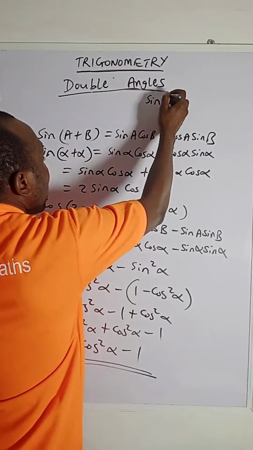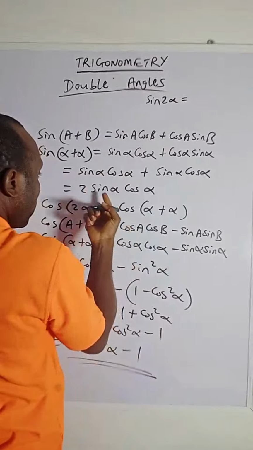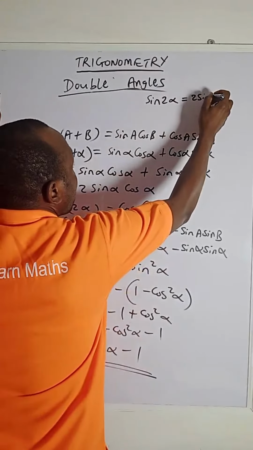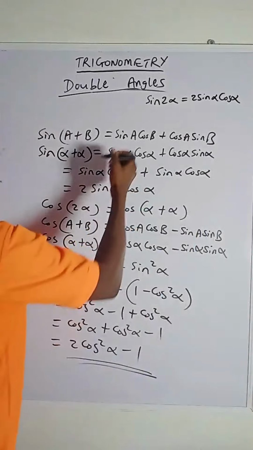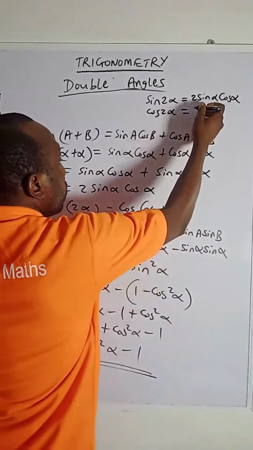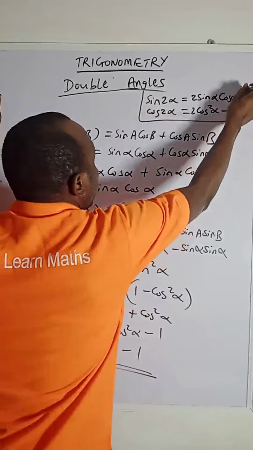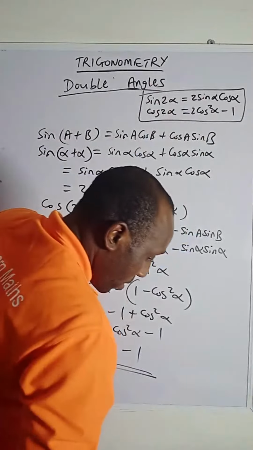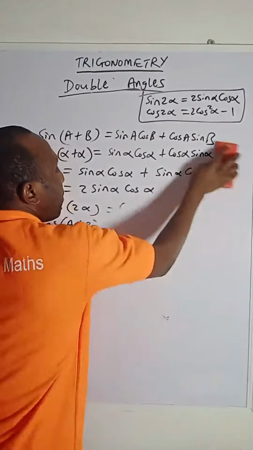So sine 2 alpha is equal to 2 sine alpha cos alpha. What about cos 2 alpha? It is 2 cos squared alpha minus 1. Let's keep that in mind. So let me take all of this off. It's time for some examples.